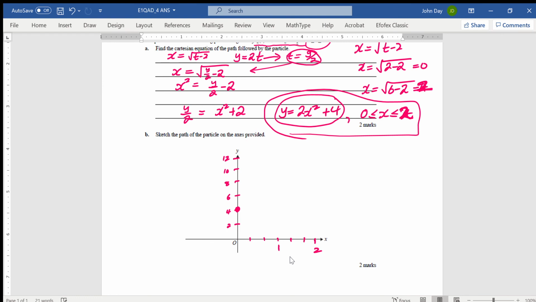That way you've got 1, 6, which is there. You've got 2, 12, which is up there. So it can have a bit more of a curve on it. Okay. Anyway, it's a parabola, and it starts at this point here, 0, 4, and ends up at this point here, which is 2, 12.